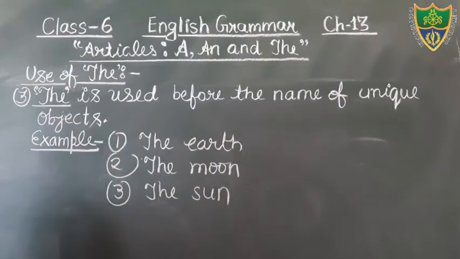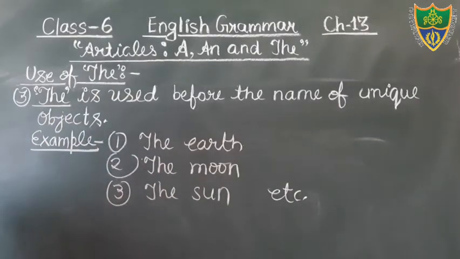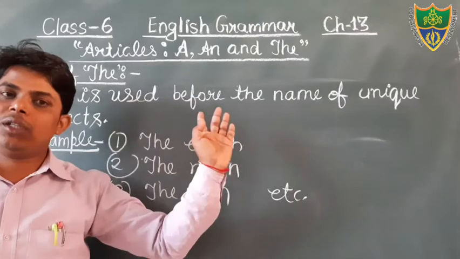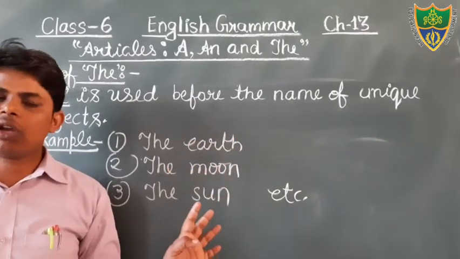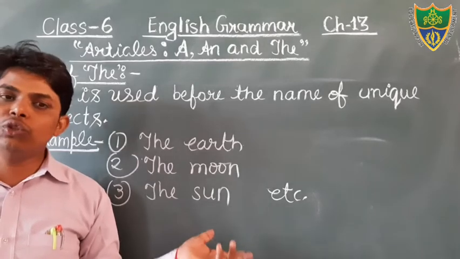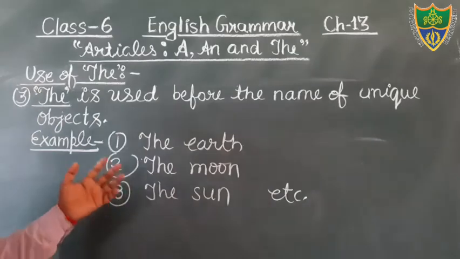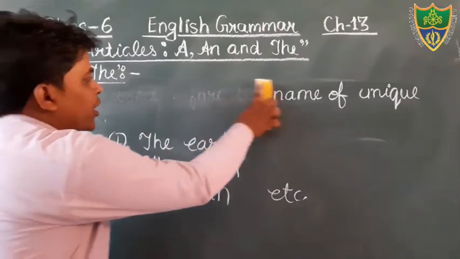There are so many things you can write, etc., that are unique in this world. The sun, the moon, the earth: these are unique in this galaxy. So just write down this use of the, that is the third rule. I hope that you all have understood the third rule.